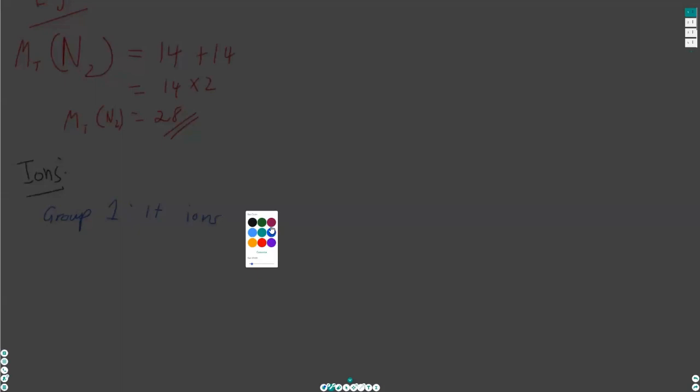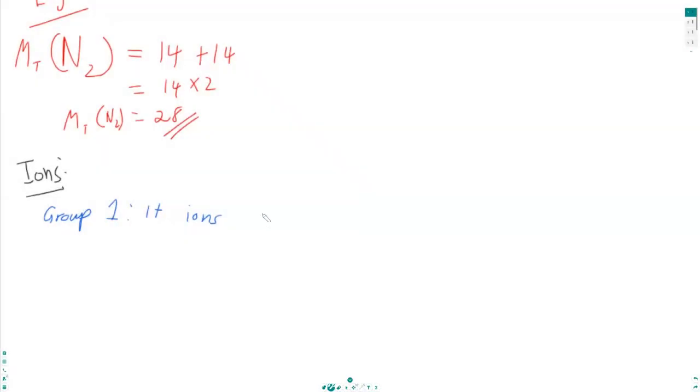The examples, which are written in this green color, are Li plus, Na plus is a common one, K plus as well, and Cs, so cesium plus as well. So these are all group 1 ions. They all lose 1 electron.